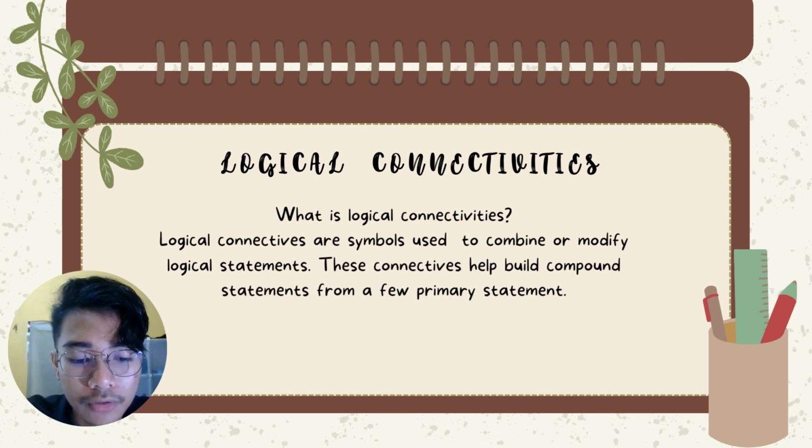A few primary statements can be combined to form a compound statement. The truth value of a compound statement is completely determined by the truth value of its primary statements. The primary statements are combined using connectives, which are logical operators, to form a compound statement.